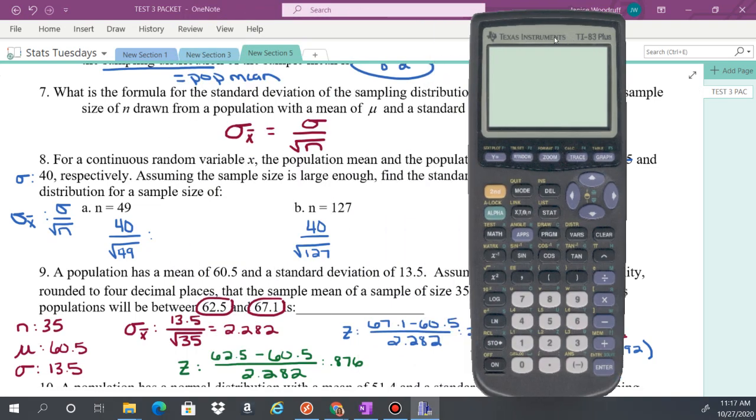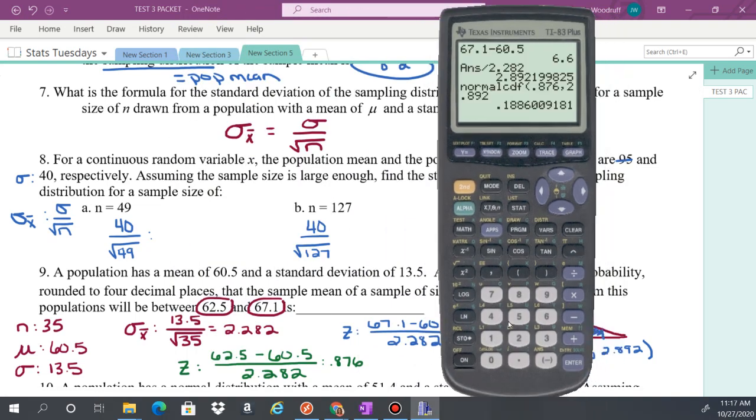So 40 divided by the square root of 49, which I believe is 7, is going to give you 5 and we'll do 3 decimal places, 714.